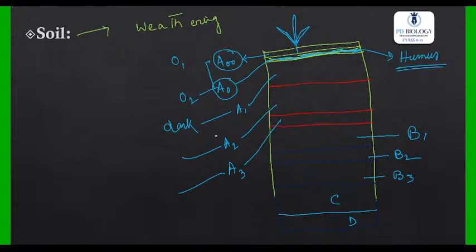A2 is the second subhorizon, which is also the area of maximum leaching, or it is otherwise called eluviation.